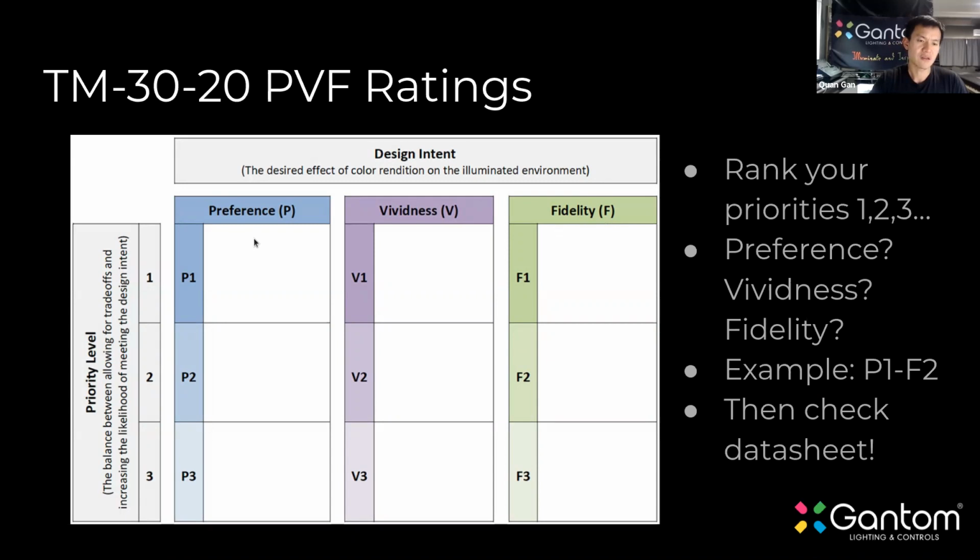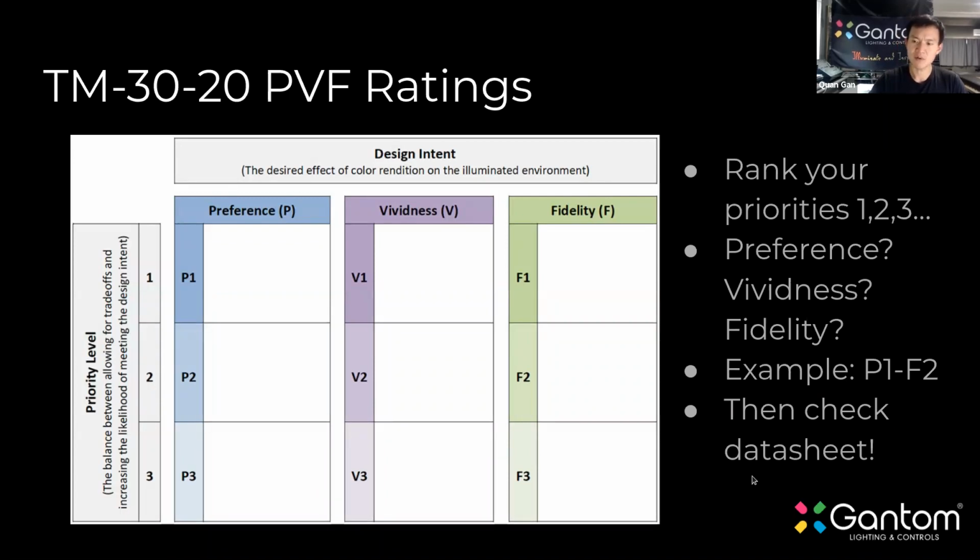So the intent is later on, as more manufacturers pick up this way of showing it off on the data sheet, you may not necessarily need to calculate these numbers internally. You just need to know, do I want a P1 F2 or a P3 V2 or whatever your priority levels are. And then you look on the data sheet to see if it meets or exceeds those design requirements.